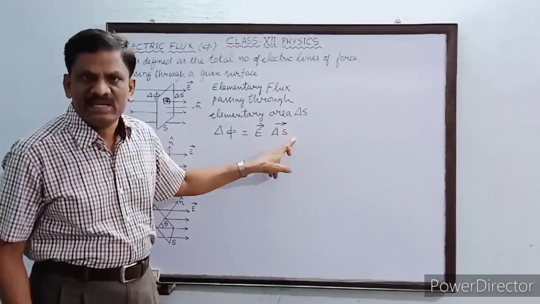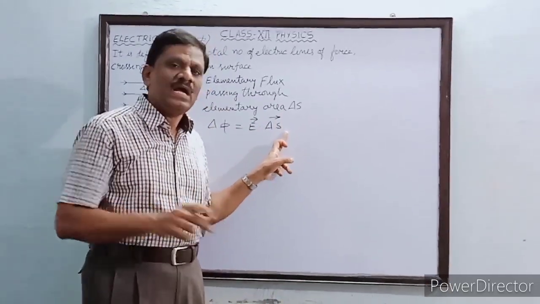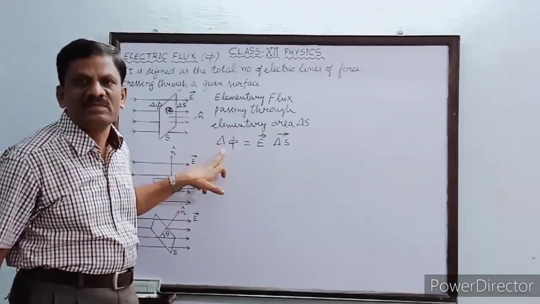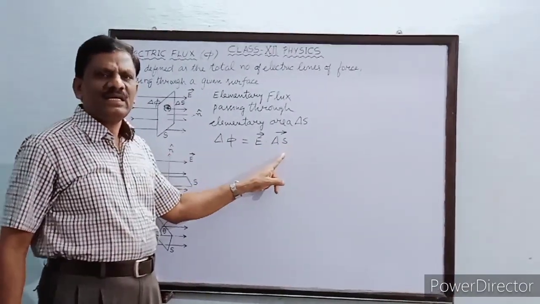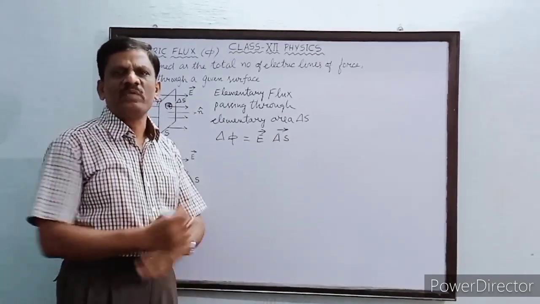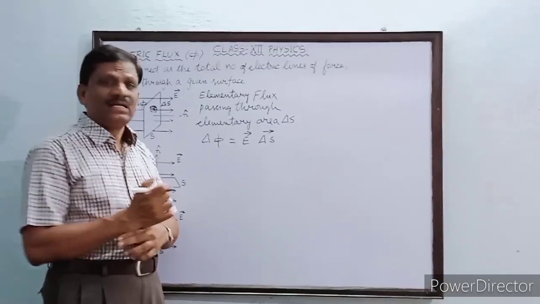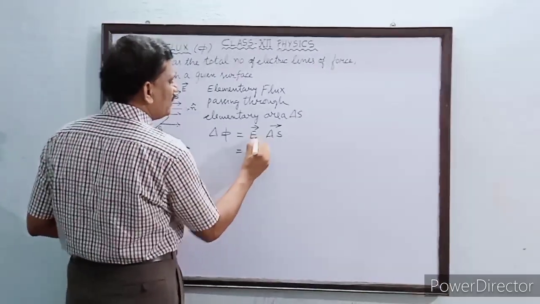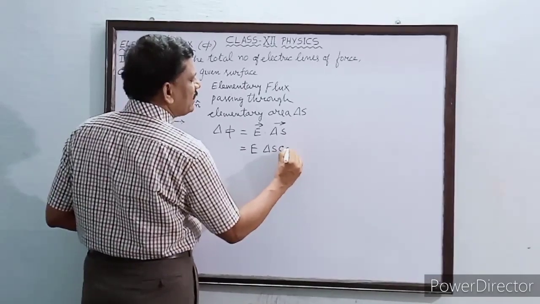Since the area is elementary, through that small area only a small flux must have passed, and that small flux is denoted by the symbol delta phi. The dot product of two vectors is a scalar, and its magnitude is equal to E into delta S into cos of theta.